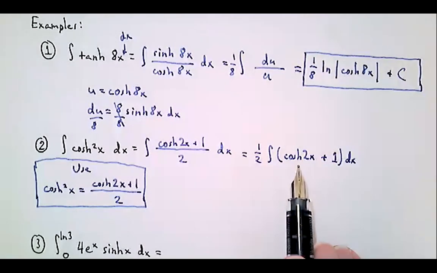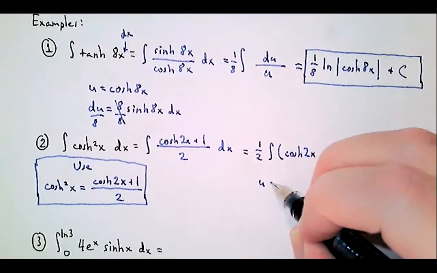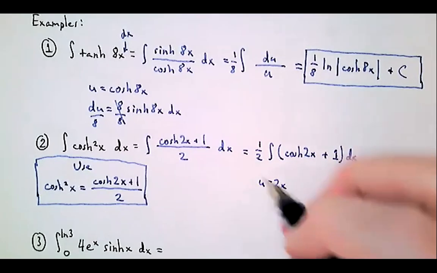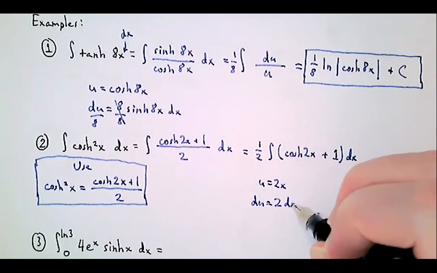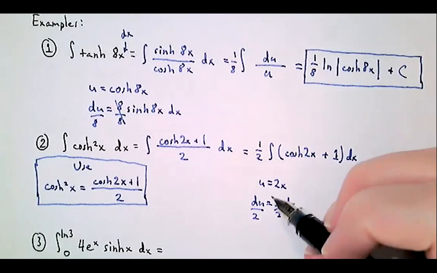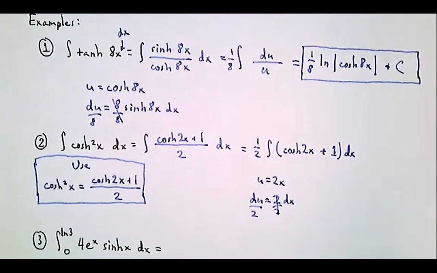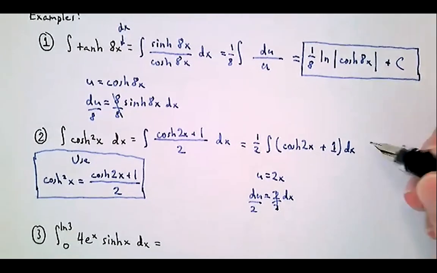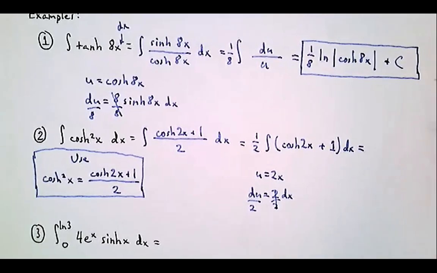This one we'll have to do a small u substitution for, since we have a 2x inside of the cosh function. So we'll pick u is equal to 2x, and then du would be 2 dx. So you'll want to move that 2 over here to the left. So when we do our integral, we'll pick up an extra constant, an extra 1/2.